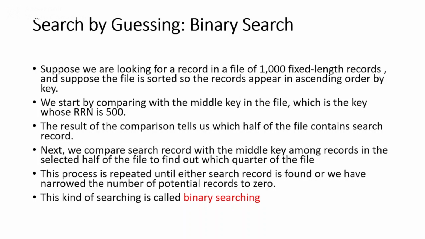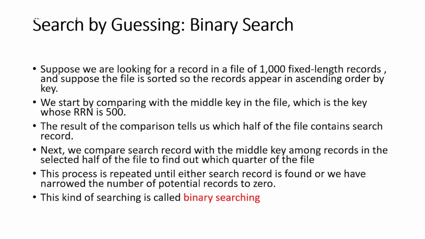Suppose you have 1000 fixed length records, and suppose the file is sorted, so the records appear in ascending order by key. Usually, keep it in mind, whenever we go for binary searching, the set of records in the file needs to be sorted, either in ascending order or in alphabetical order.